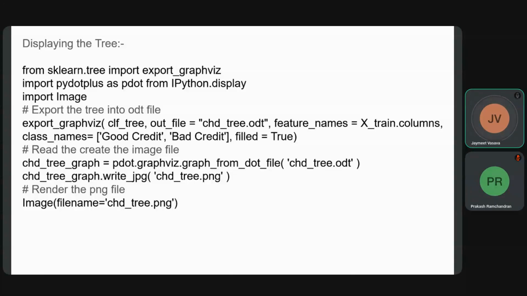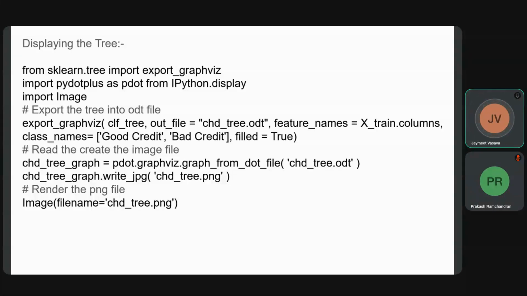Then in the end, the graph is created using pydot's graph from dot file. This is used in order to visualize the ODT file that has been created, and write jpg helps us to create this image.